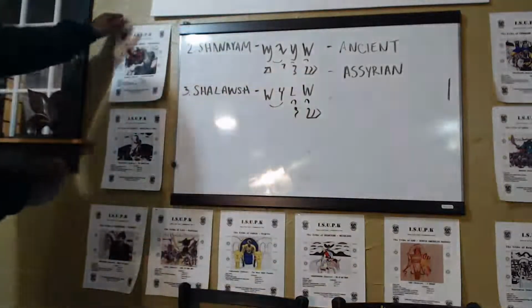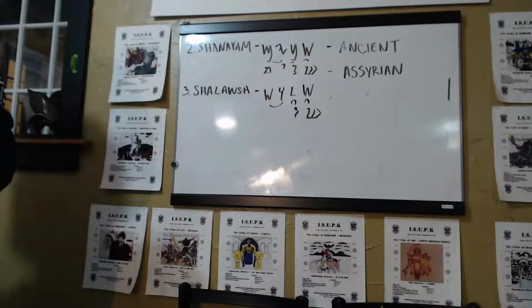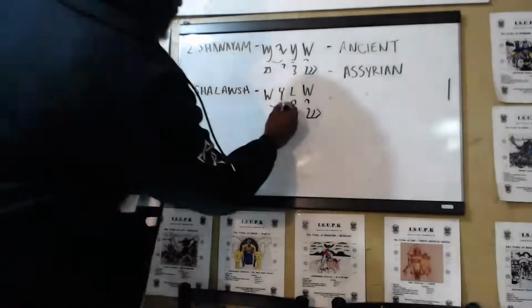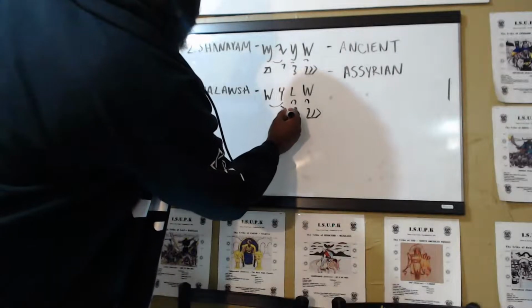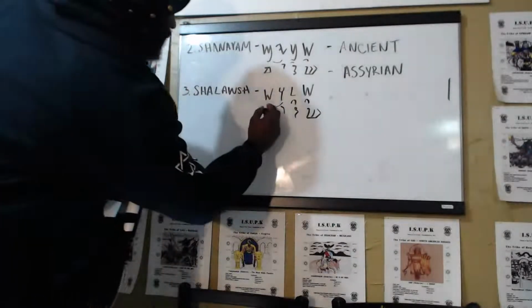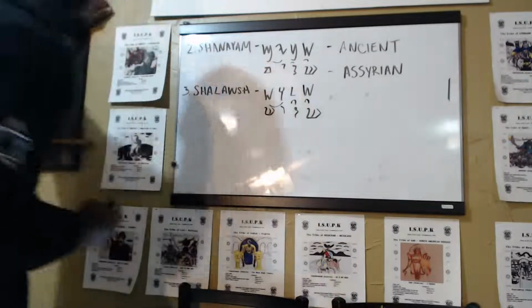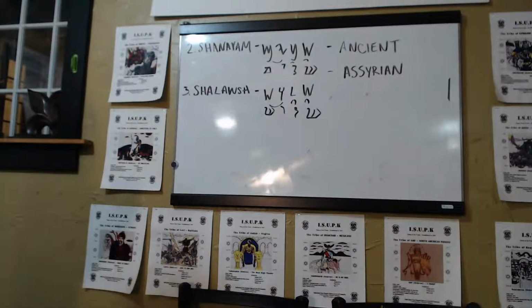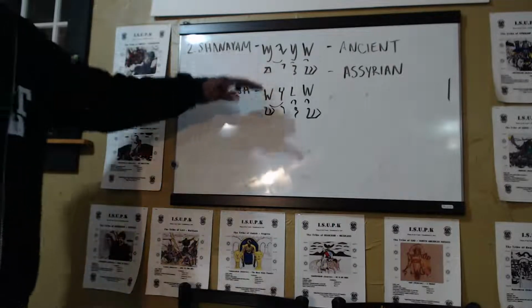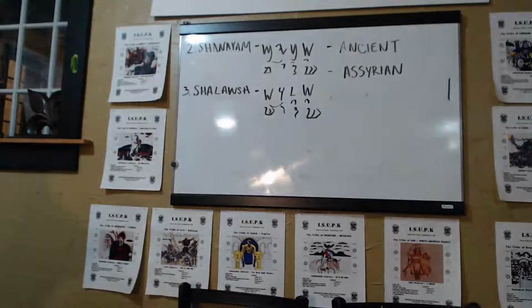The la, the wa, and the sh. Shalawash. Ancient on the top, Assyrian on the bottom. Let's get 4.